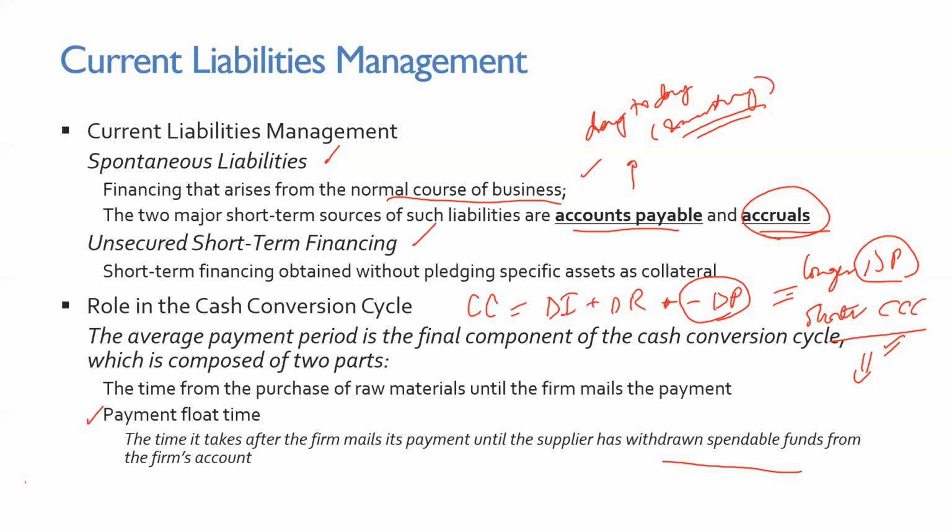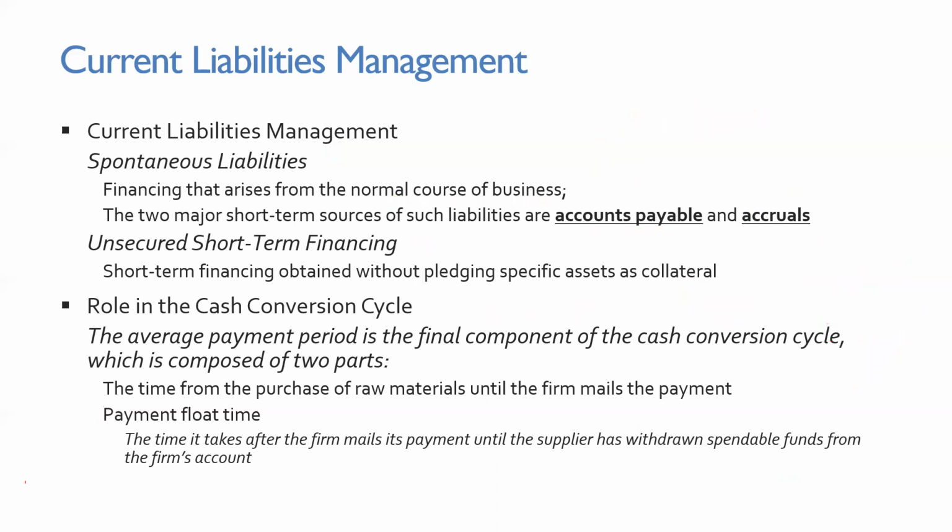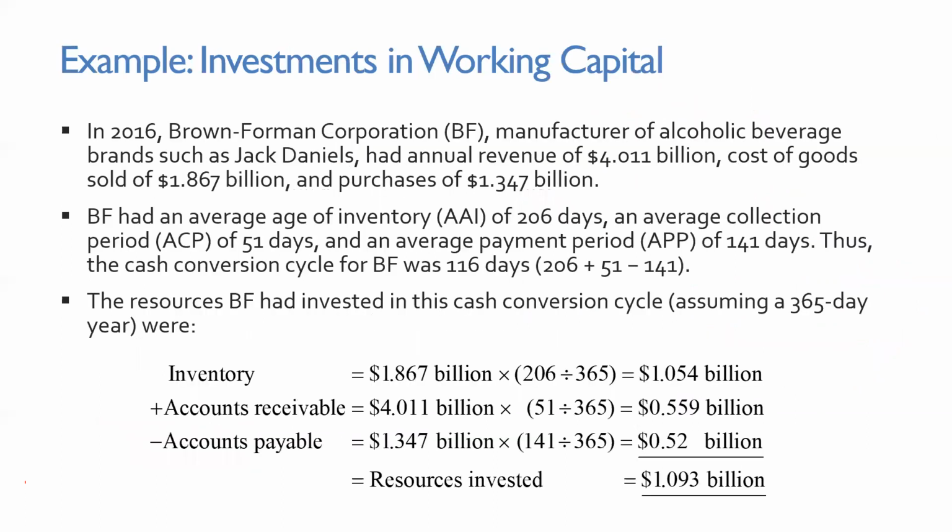Because the longer it takes for them to process those payments, the longer is your payment flow time, the longer is your days payable, and the shorter is your cash conversion cycle. So that's the overall role of current liabilities management in working capital management.